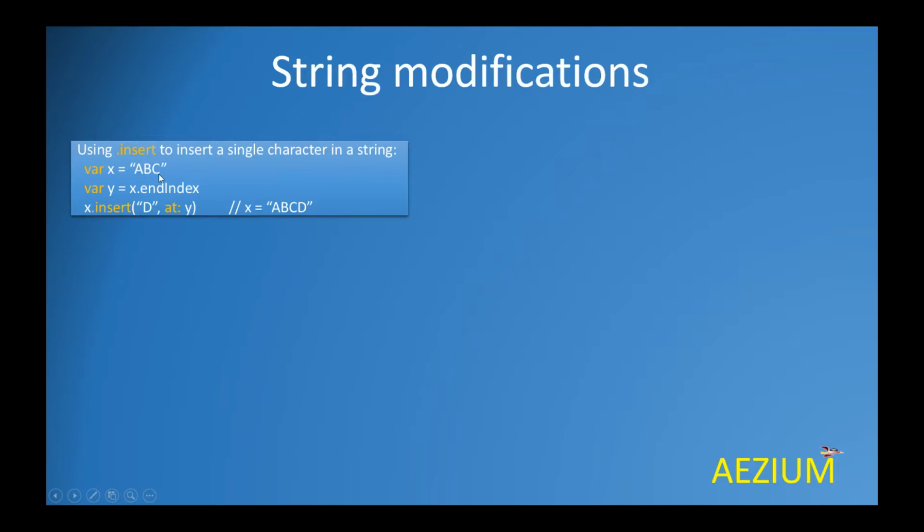So end index will be pointing at the character after C. As a result of this, x will be modified and will become ABC as it was before, but D will be inserted at this position, which is the end position. So we will get A, B, C, D, and this is the new value of x. So that's how x is modified.